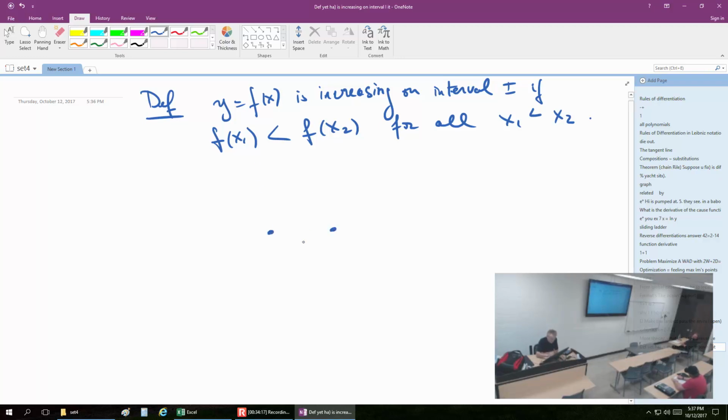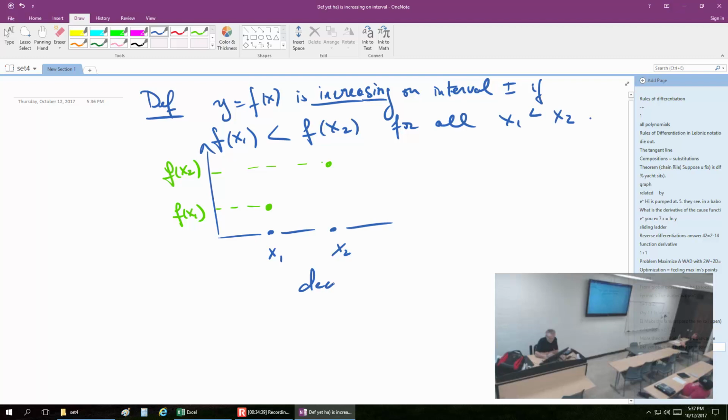We have x1, x2 here on the x-axis, and then we're looking at the values of y on the y-axis, and they have to be higher. So this is f of x1, and this is f of x2, and that is the inequality that we observe between them. Okay, so that is the increasing function.